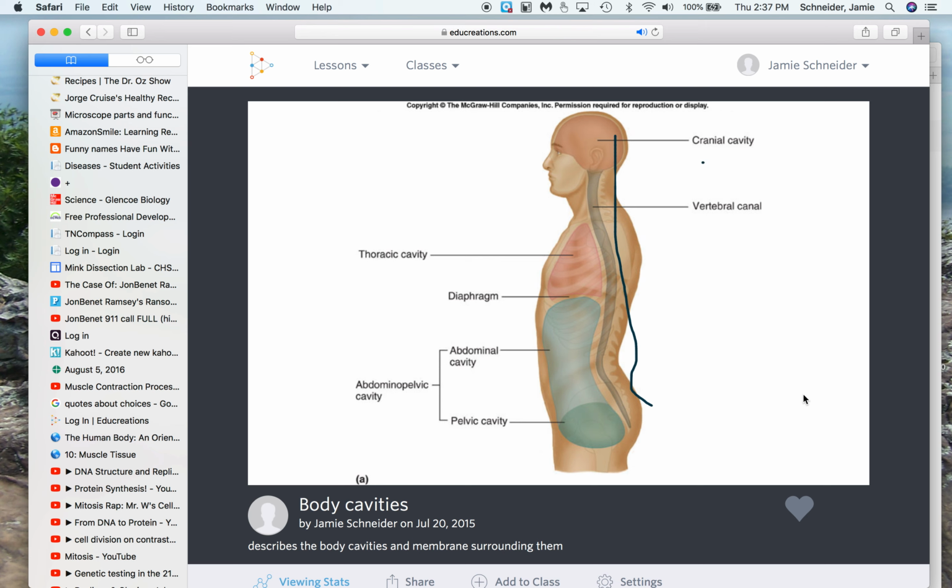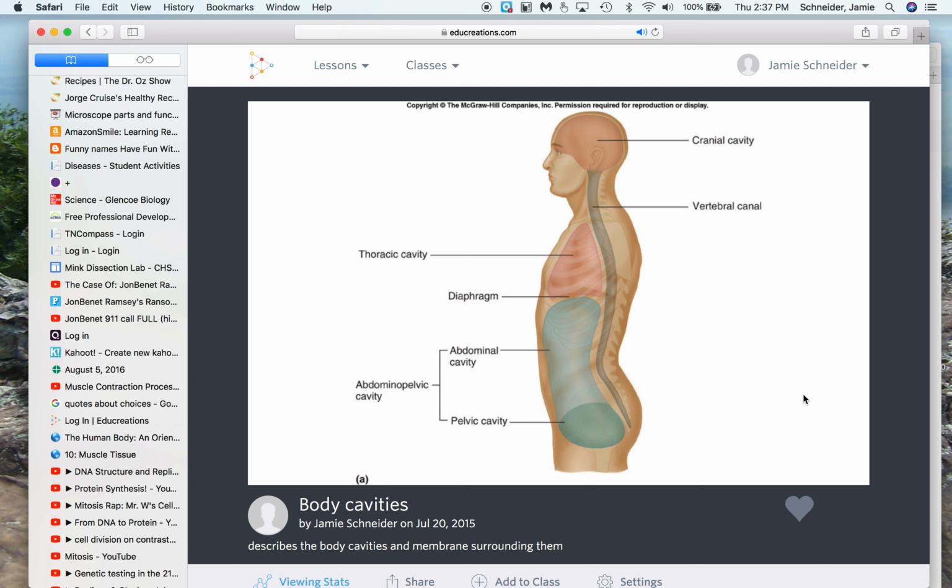It consists of the cranial cavity, which has the brain, and then the vertebral canal or cavity that contains the spinal cord. That is all you have to know about the dorsal cavity. Remember, cranial cavity has the brain, vertebral cavity has the spinal cord.